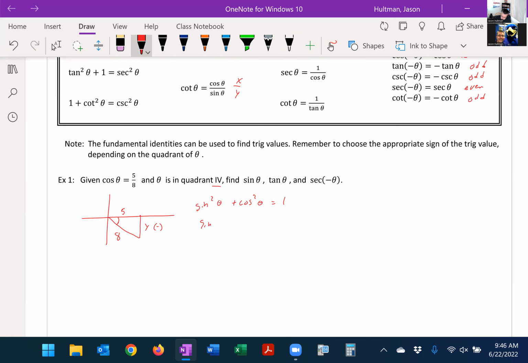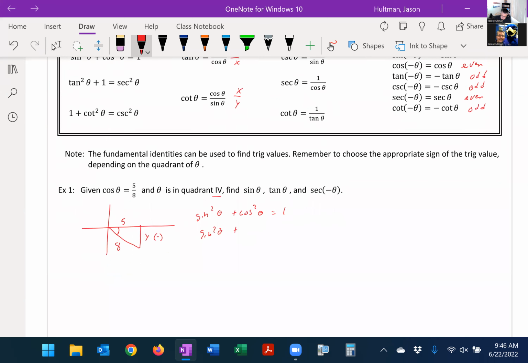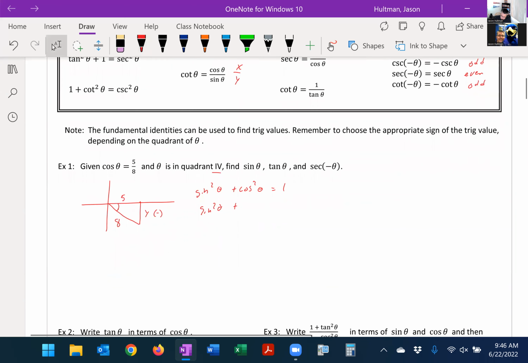So sine squared theta plus, using that Pythagorean identity for sine and cosine, 5/8 squared is equal to 1. So sine squared theta plus 25 over 64 is equal to 1.